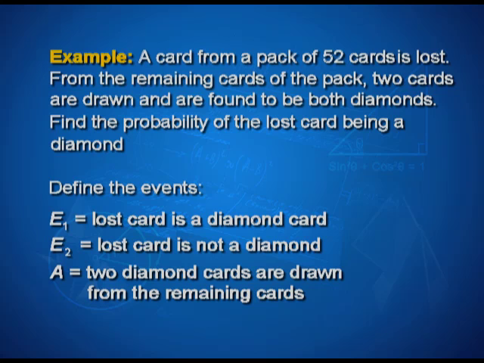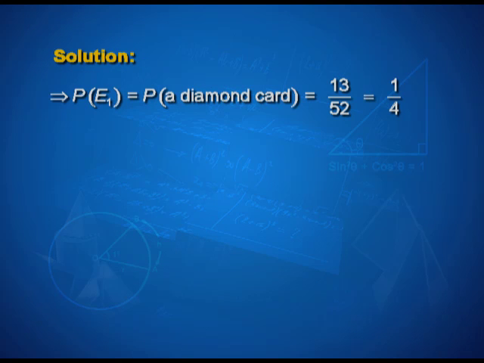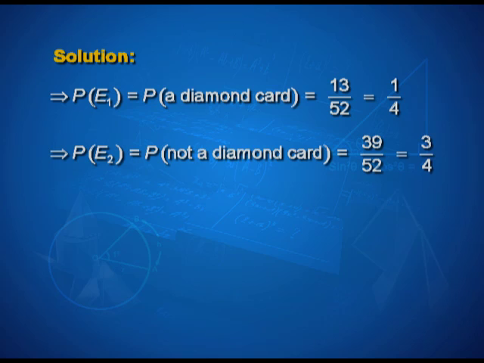What is the probability of E1? Same as that of a diamond card, 13 favorable divided by 52. Not a diamond card, there are 39 cards other than the diamond cards in a pack of cards. So, it is 3 by 4.